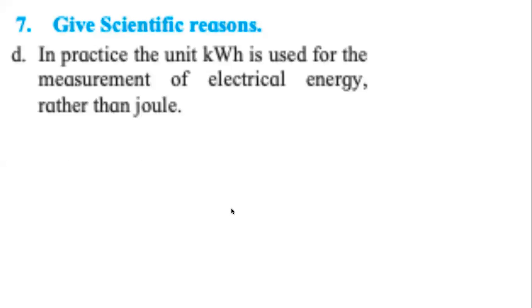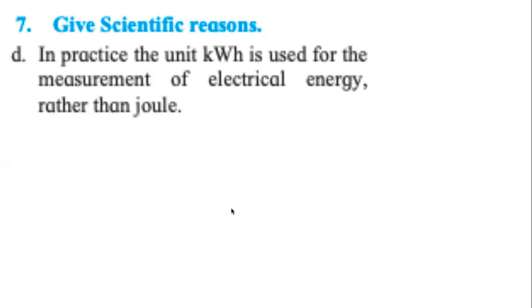If you have understood what kilowatt hour is, and why we use it, you can answer this question from the exercise, question number 7, part D. It says, in practice, the unit kilowatt hour is used for the measurement of electrical energy rather than joule. Joule is not used, kilowatt hour is used.